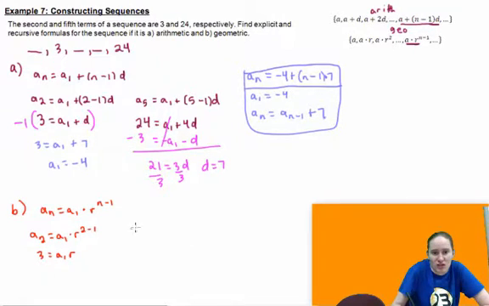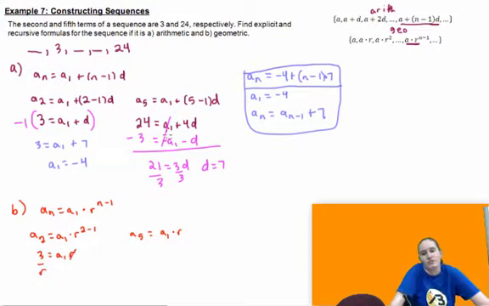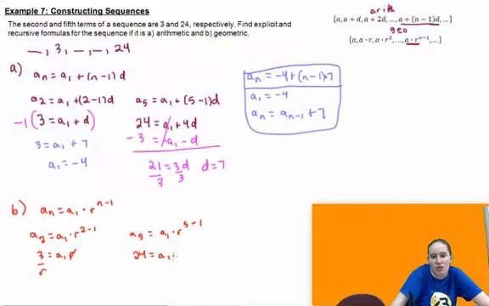Now I would do it with a5. This is supposed to be 5 minus 1. And a of 5 is 24 equals a of 1 times r to the 4th. If we solve the first equation for a1, then we get 3 over r.